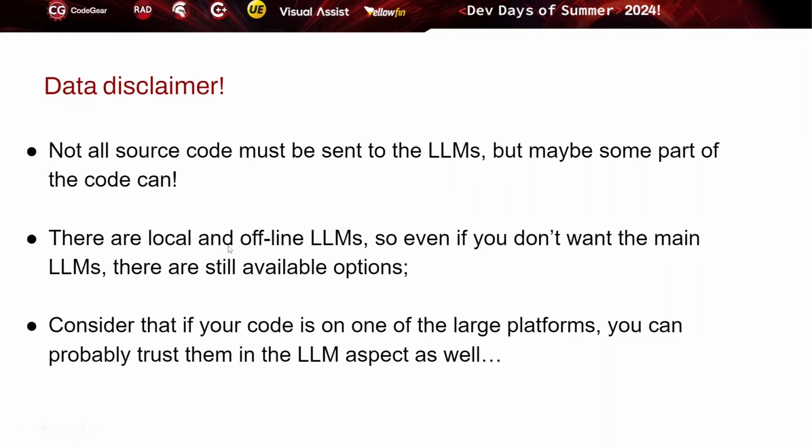There are local and offline LLMs. So even if you don't want the main LLMs that we show here, the OpenAI is online, okay, but you have some offline options that you can maybe run without accessing the API.